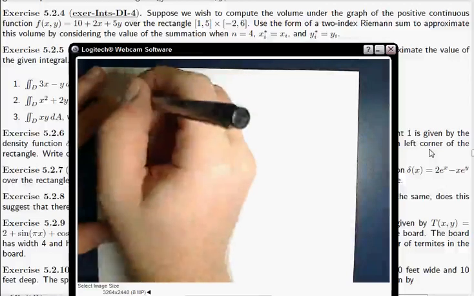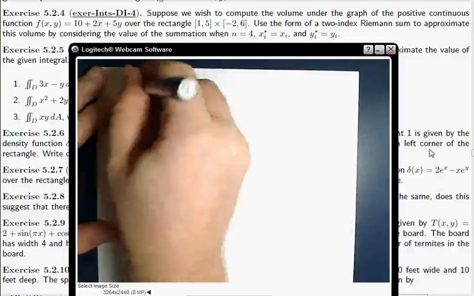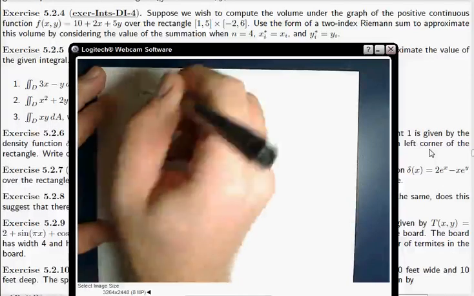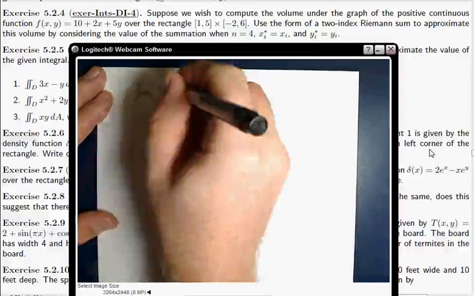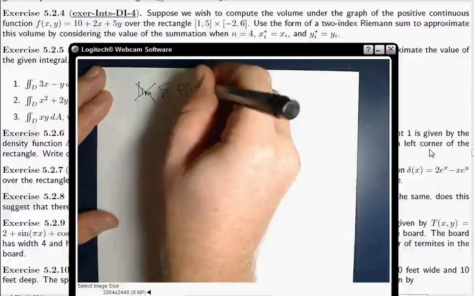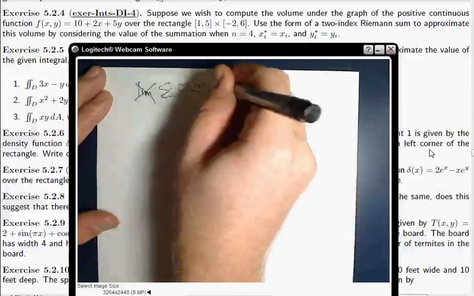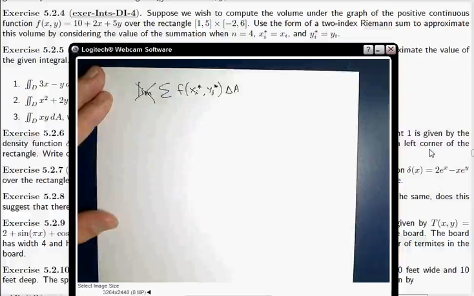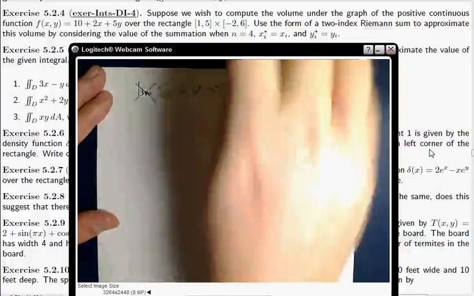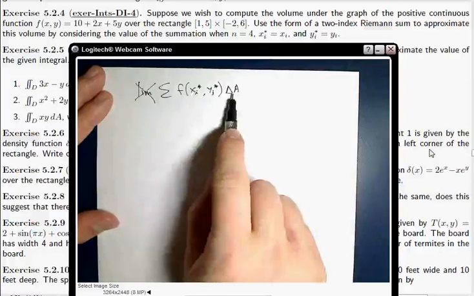We're going to approximate the Riemann sum by just throwing away the limit and calling it an approximation. Is that cool? Okay. And so we're going to have f of xi star, yj star, delta A. And these things are going to be defined in terms of the domain.